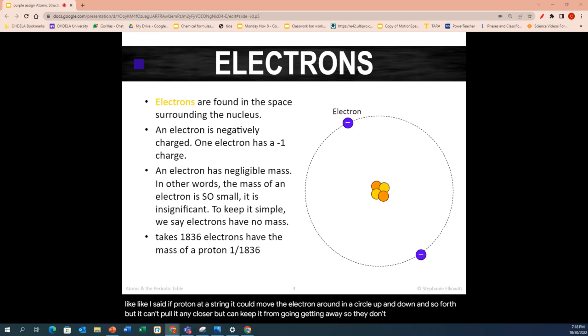The electrons are negatively charged. If we had more than one electron, a negative one plus another negative one gives us a negative two. So the more electrons we have, the more negative charges we have. They're really small, because almost 2,000 of them equal one proton.